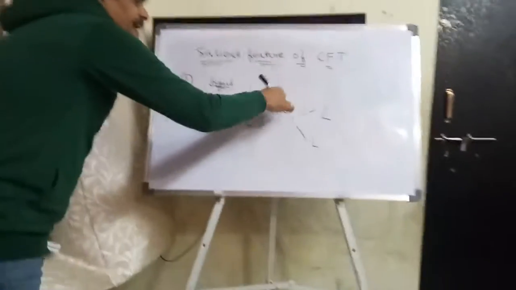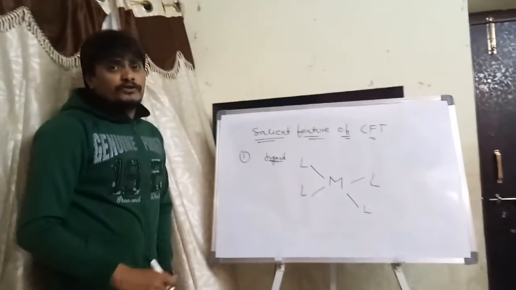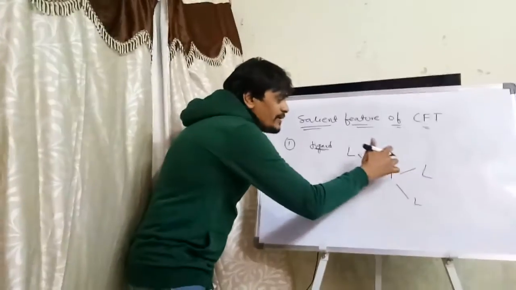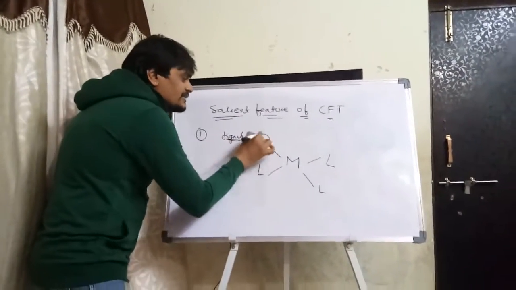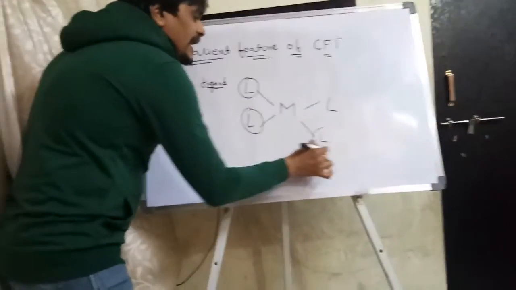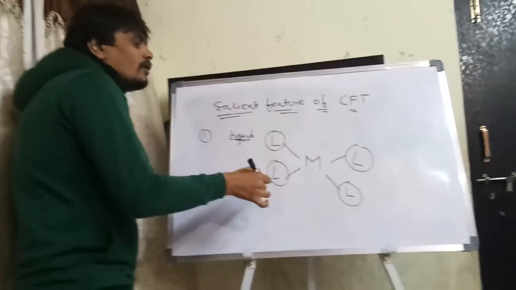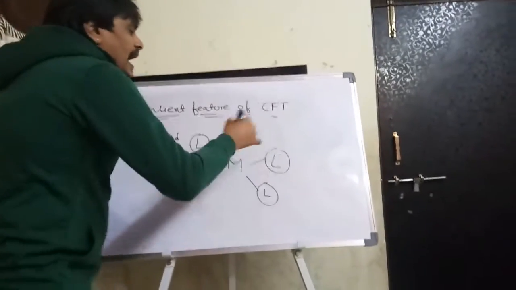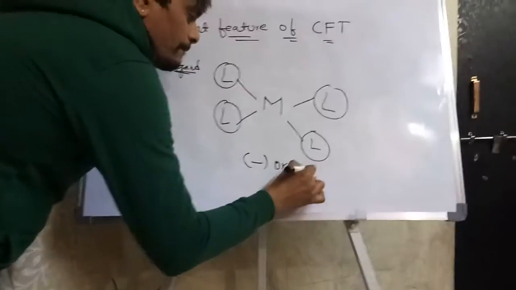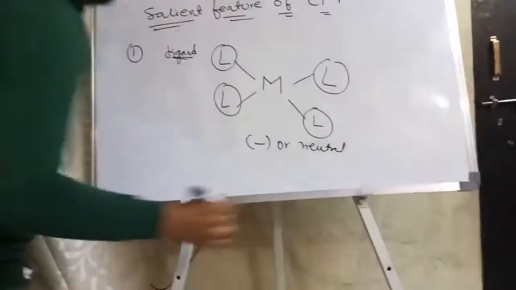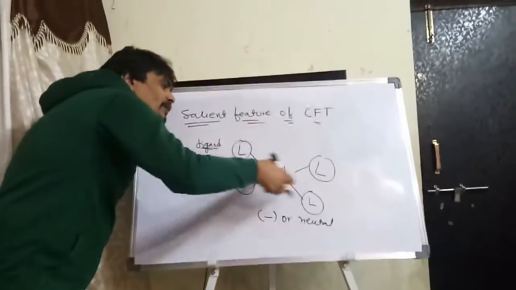Now what is the nature of the metal ion? The nature of the metal ion is positive, electropositive. Since the metal ion is electropositive, whatever ligands are attached to it will definitely be either negative or neutral, because the combination is only possible if one is positive and another one is negative.